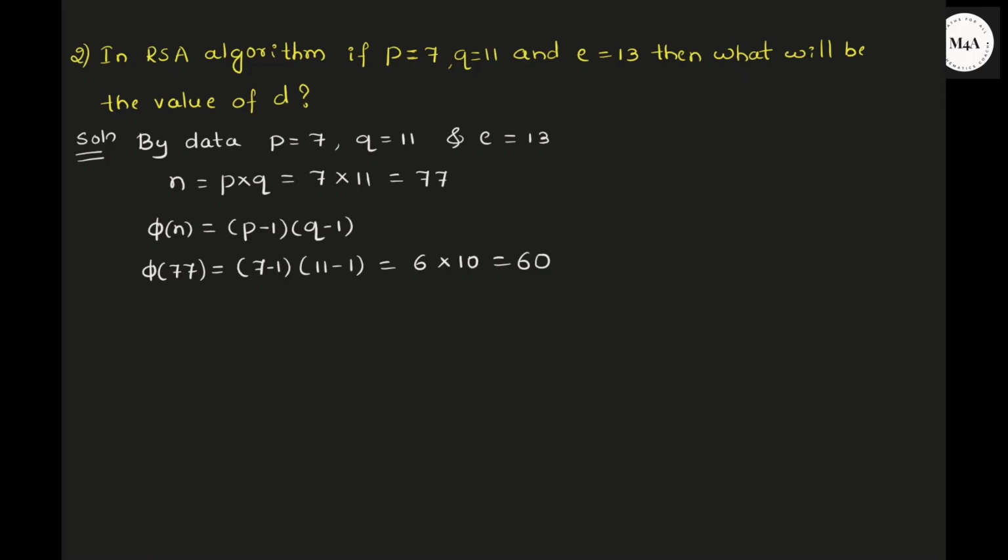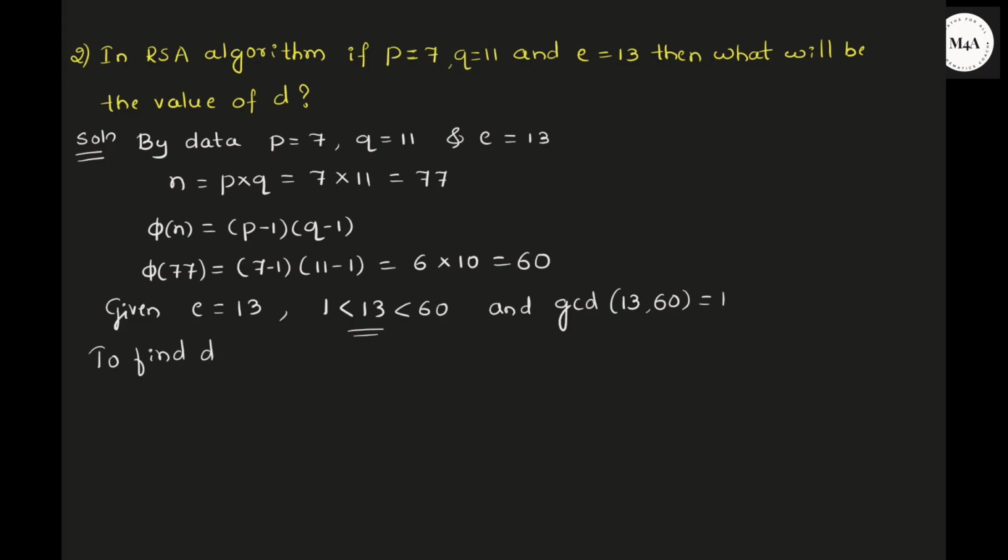Now, given E is 13, we have to check whether E lies between 1 and 60, your phi of N. Obviously it lies between 1 and 60, and we have to check the GCD of 13 and 60, which is 1. They are relatively prime. Once this property holds, our next aim is to find D.